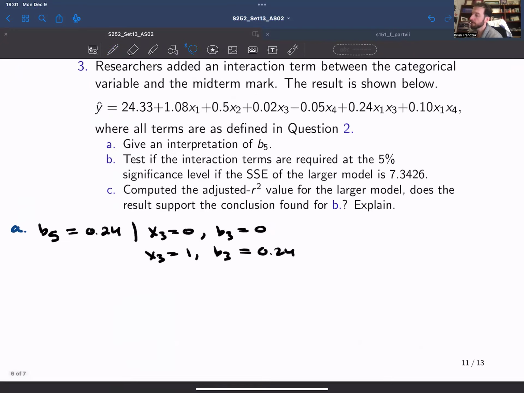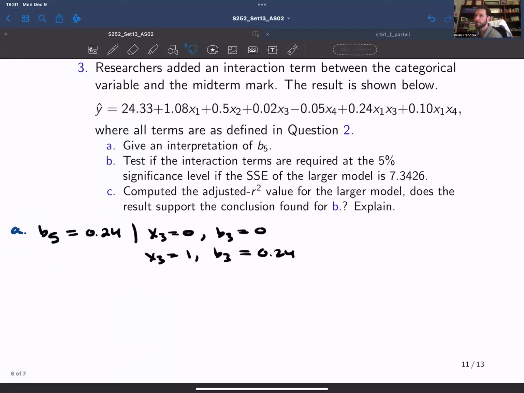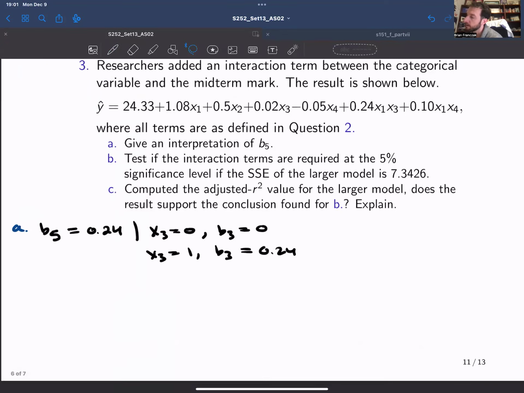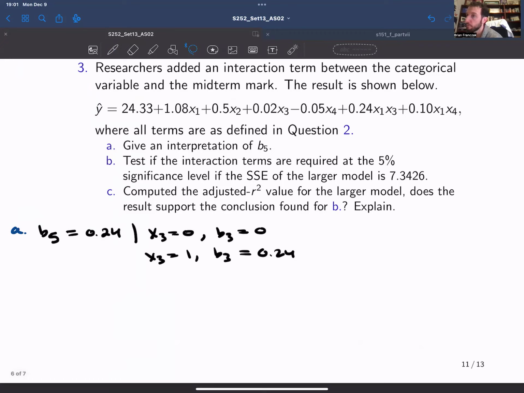So what this is showing us is this term is only active when you're in the active level, which is the mathematics student. So when x3 is equal to 1, we have a mathematics student. So this slope term only applies to mathematicians, and we can compare it to the reference level, which is philosophy. Now, what this term does is it directly changes the slope of x1.